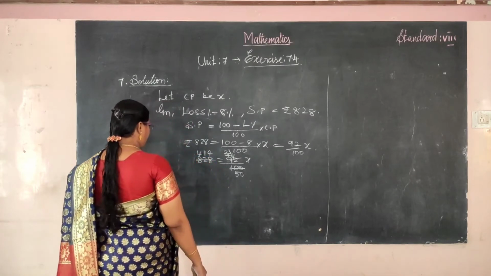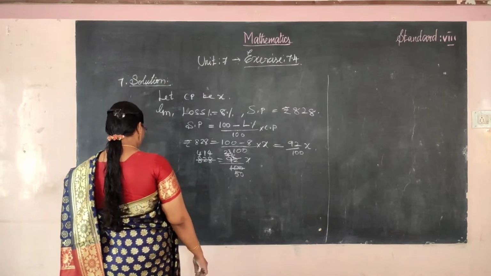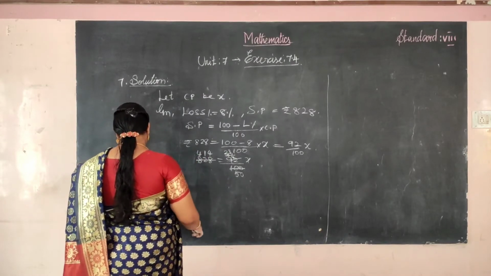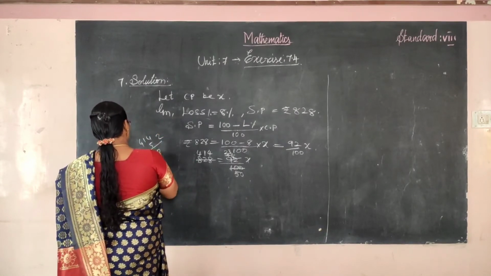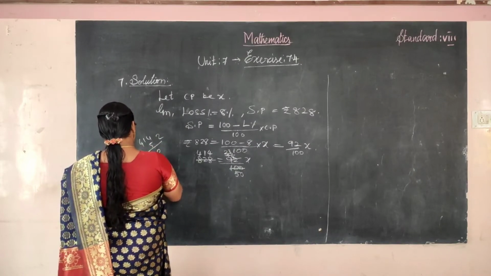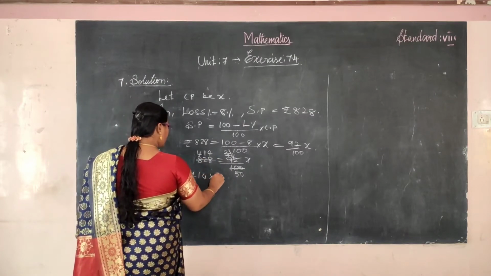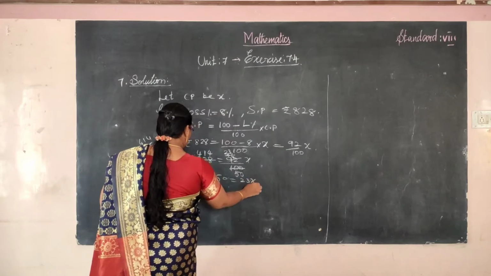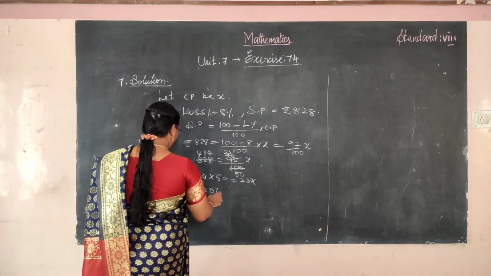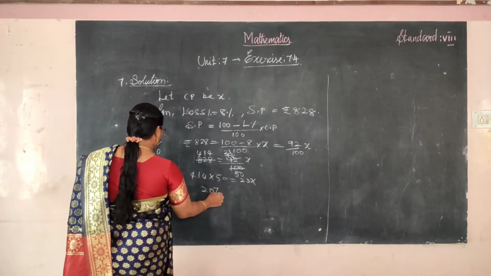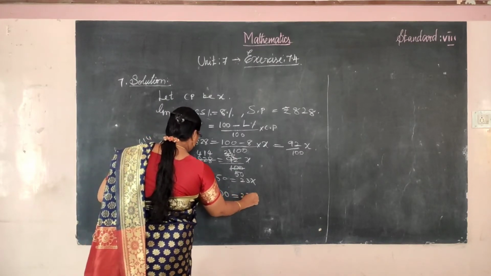Okay, right, and then now cross multiply these two values. 414 into 50 is equal to 23x. Multiply these two values, we get 2070. Already here one of the zeros added with this, equal to 23x.